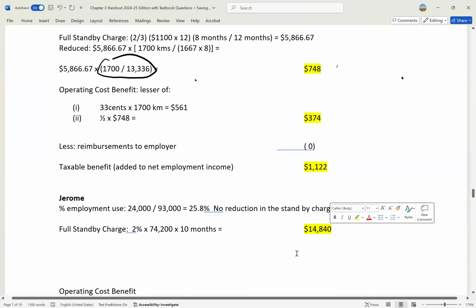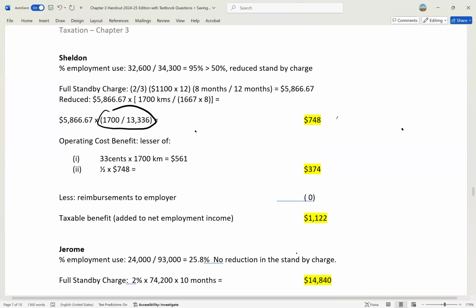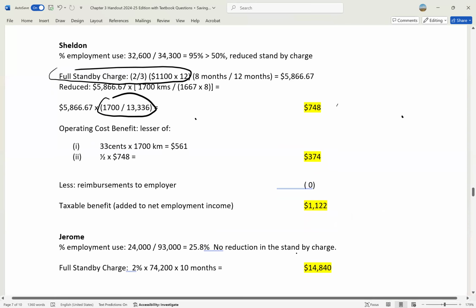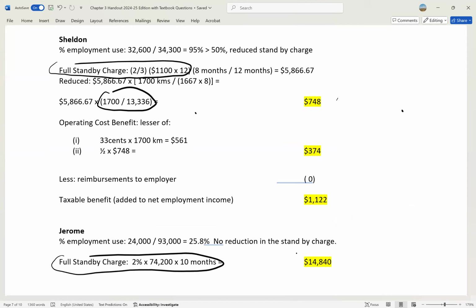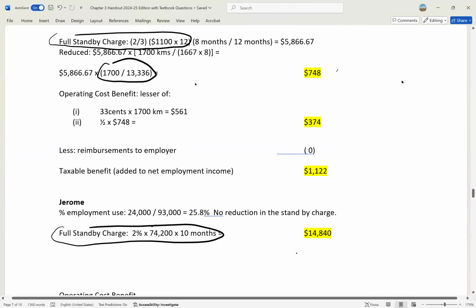These formulas, whether it is leased or whether the car is owned, are done in such a way that the more expensive the car, the higher the taxable benefit. So let's look at what we just did for Jerome. The cost of the car was 74,200.